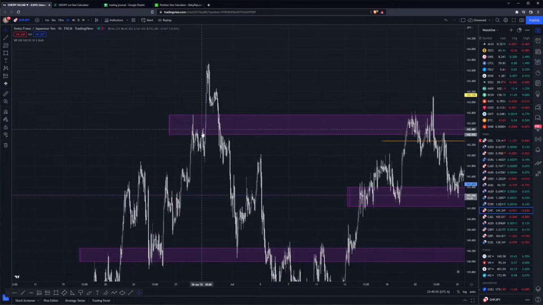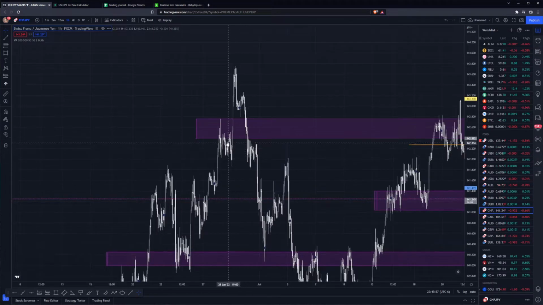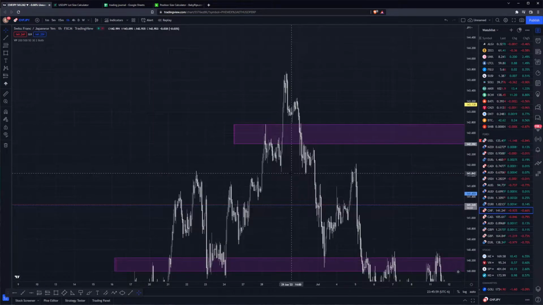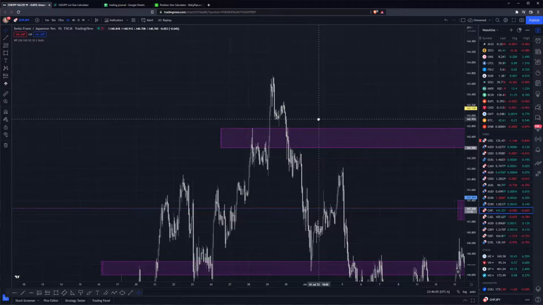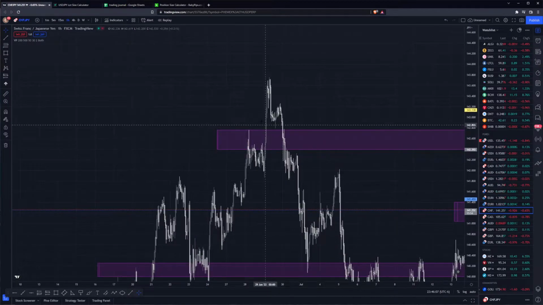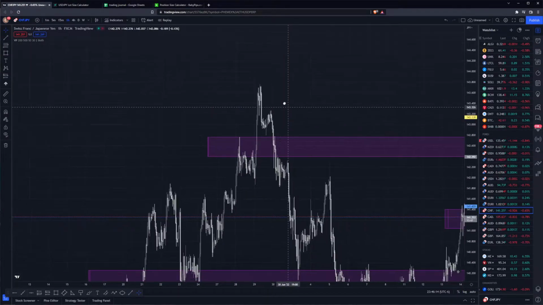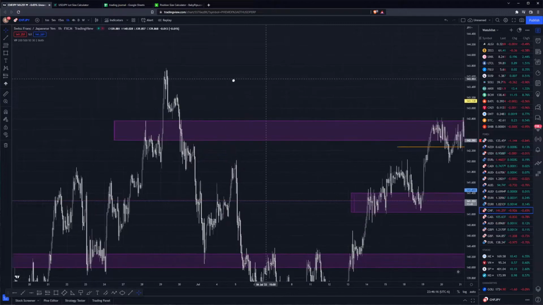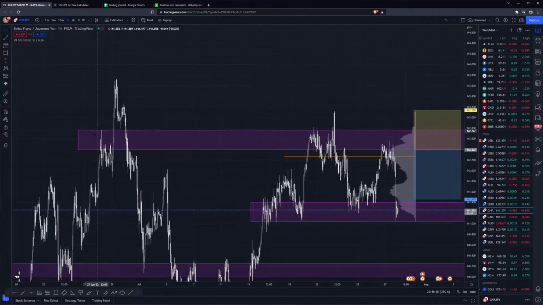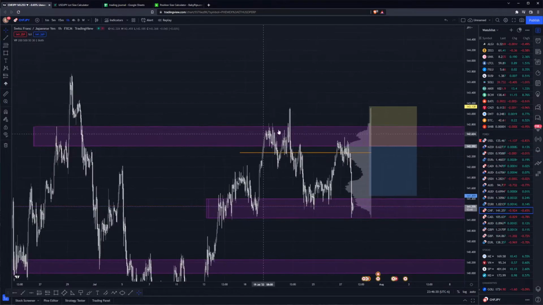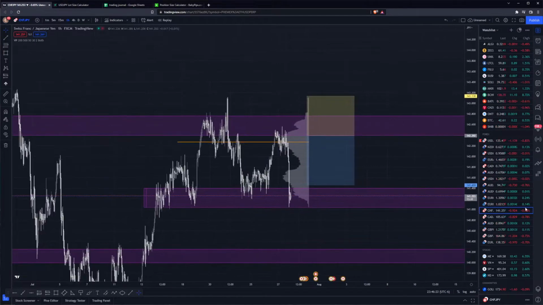So you can see back here, when I first drew this zone, I took the highest high down to the body of the candles. That's normally what I do. You can see it came down and tested. I'd probably still consider that a test. Bounced and then fell back through. But anyway, the zone has still maintained over the course of time.